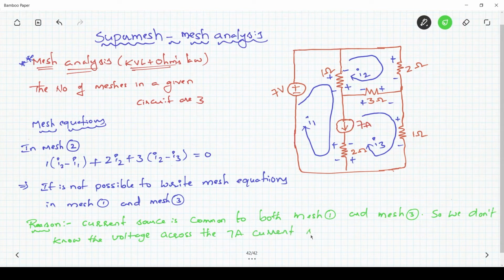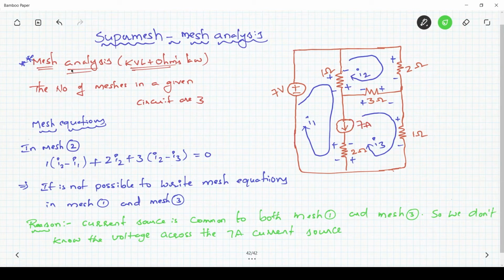So it is not possible to write the mesh equation in mesh 1 and mesh 3. So what will you do now? Apply the super mesh concept.